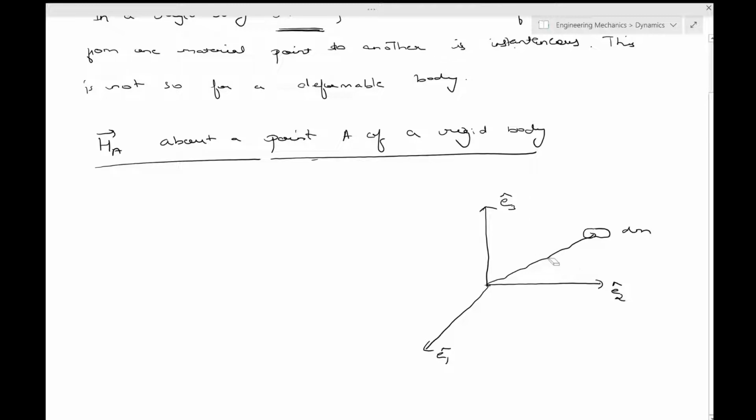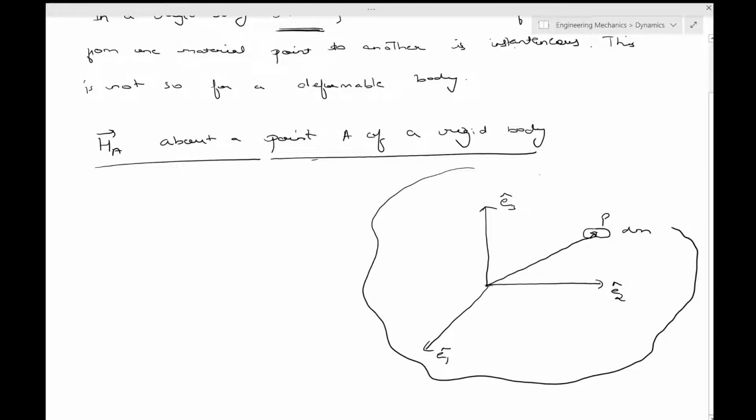Let me just try to draw slightly more. Yeah, so this point is P clearly. Fine, and we are all in the so-called M frame. Okay, mass is M, frame M. And this has an angular velocity of omega.